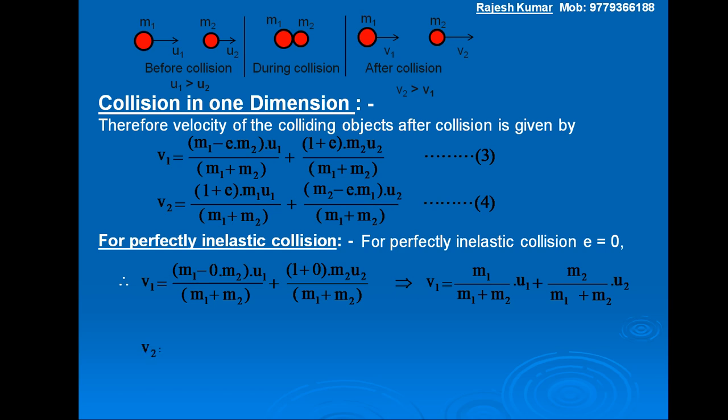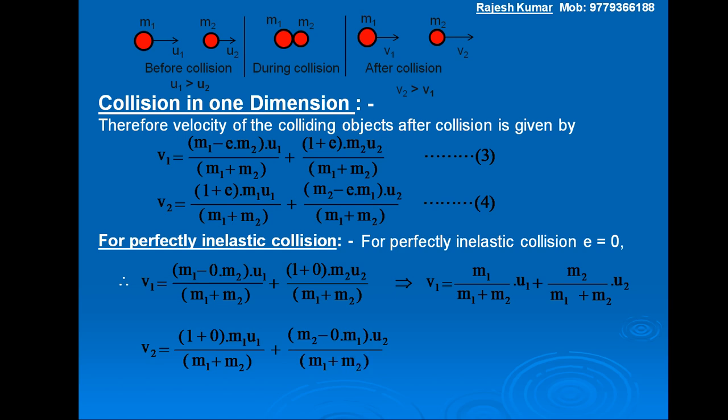And V2 is equal to (1 + 0) M1 U1 upon (M1 + M2) plus (M2 − 0 into M1) U2 upon (M1 + M2).